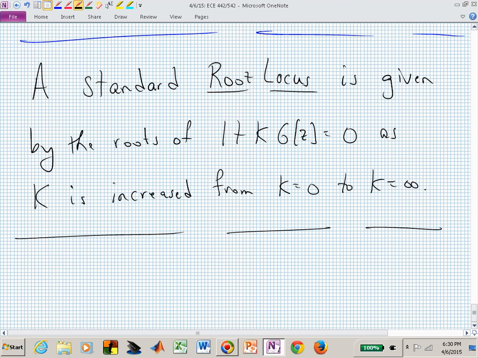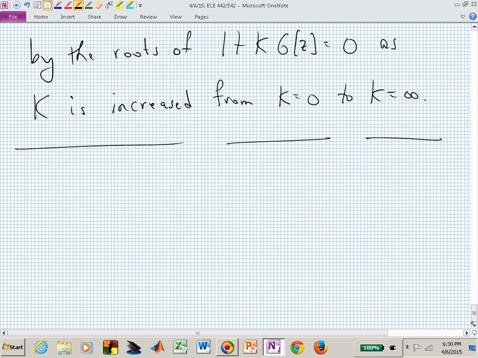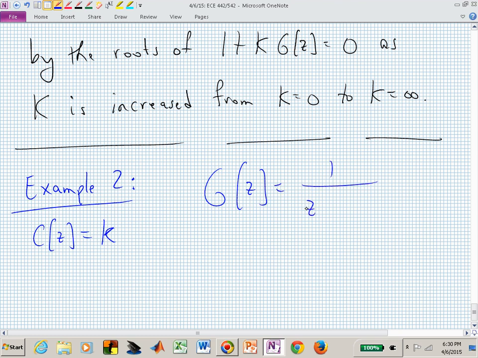Let's look at another system that might give us a slightly different pattern than one that's just on the real line. Suppose we now say, here's example 2. Again, let's assume we have a proportional controller, but our system now, g of z, is, let's say, 1 over z times z minus 3 halves.